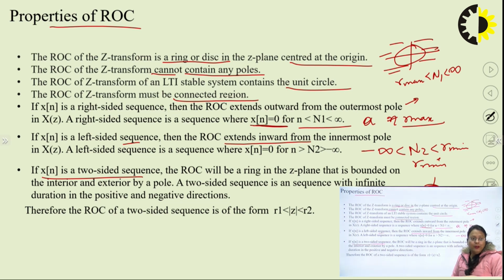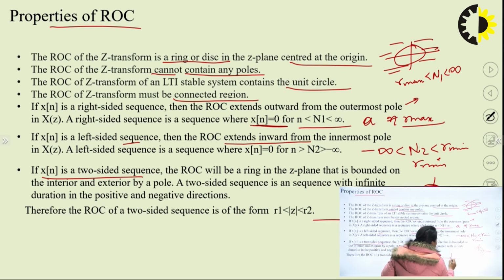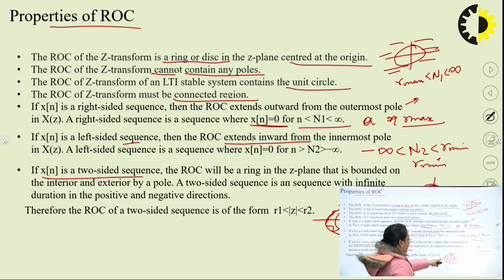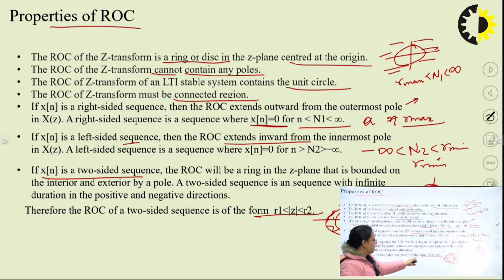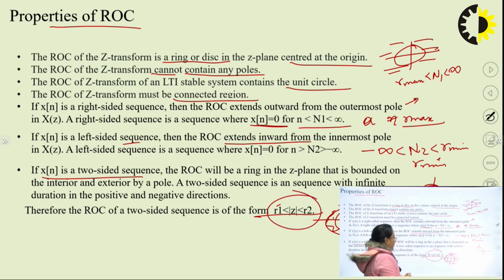But if x(n) is a two-sided sequence, then the ROC will be a ring in the Z plane that is bounded on the interior and exterior by a pole. That means the ROC of a two-sided sequence is of the form which lies between R1 and R2, right?